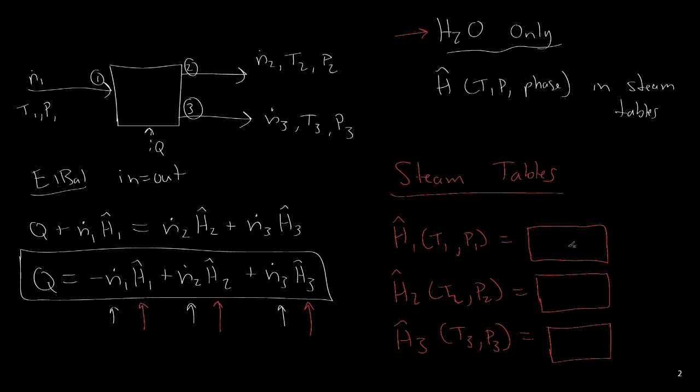Now, once we have access to these three pieces of information, coupled with the solved mass balance, we could then plug and chug the problem out and determine what our Q necessary for the process is.